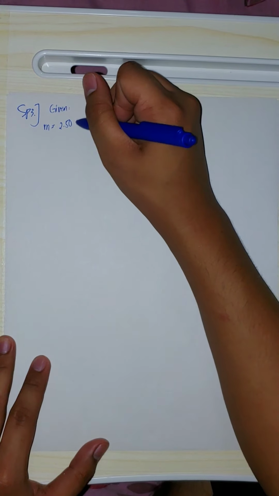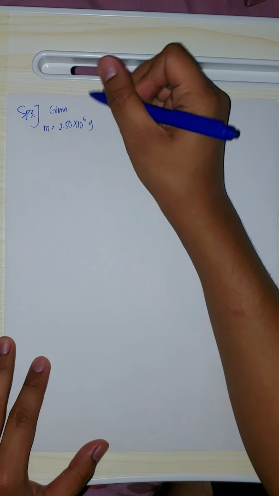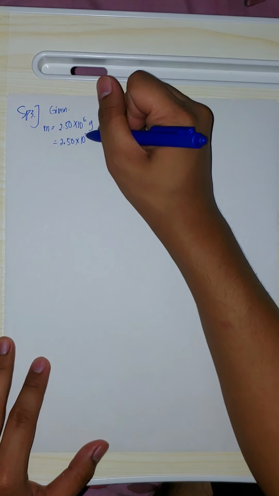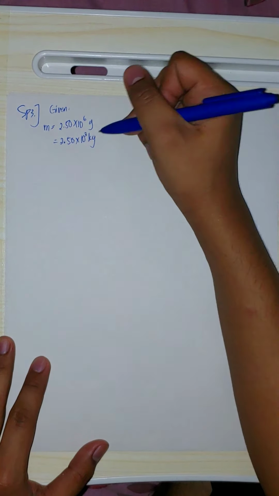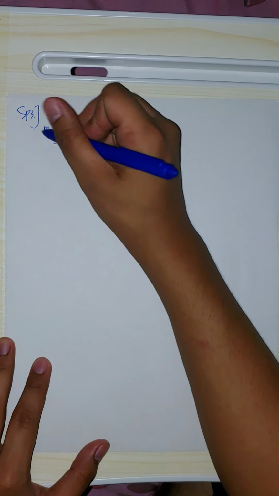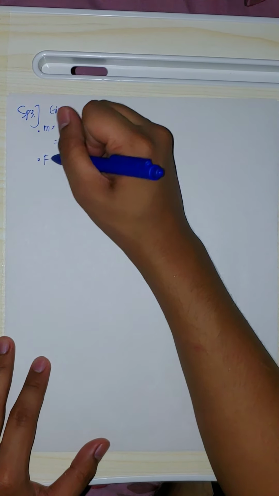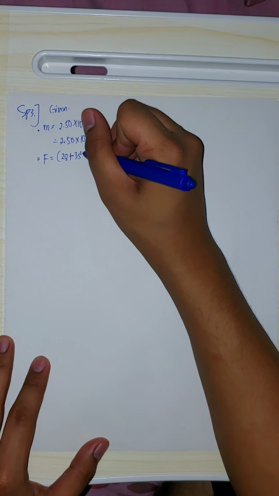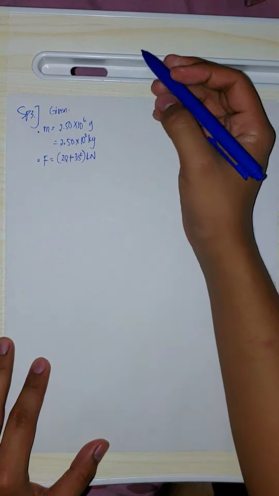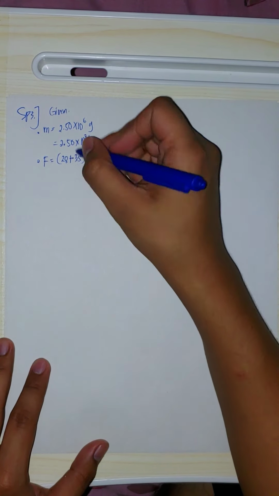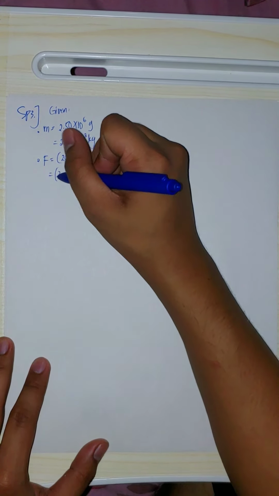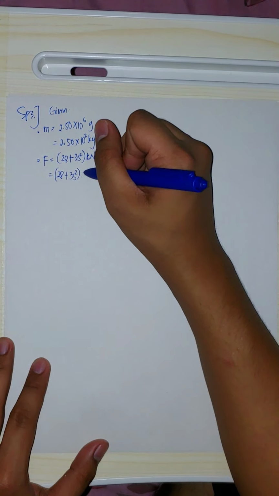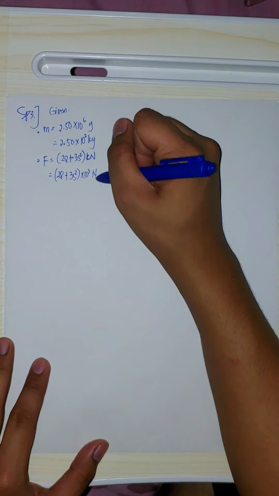Megagrams, that is times 10 to the 6 grams, or 2.5 times 10 cubed kilograms. Next, we have the force equal to 28 plus 3s squared kilonewtons. I prefer to write this in newtons so it is easier for solving later. That is 28 plus 3s squared times 10 to the 3 newtons.